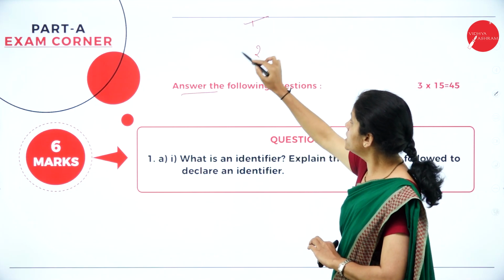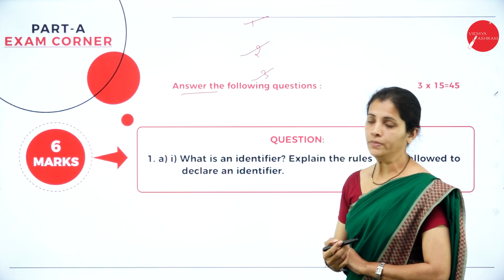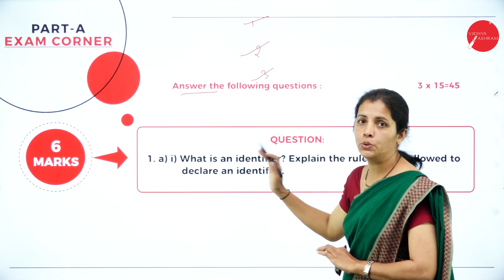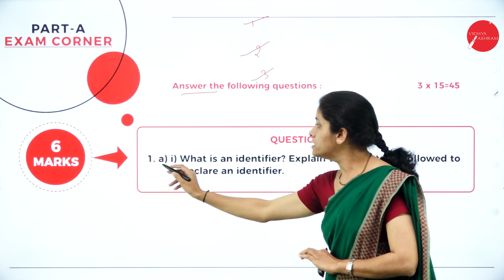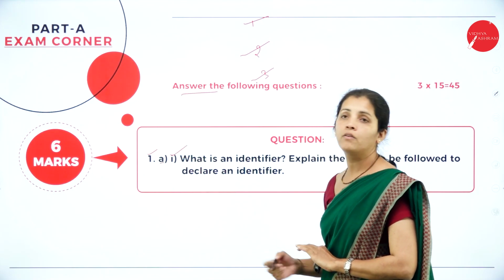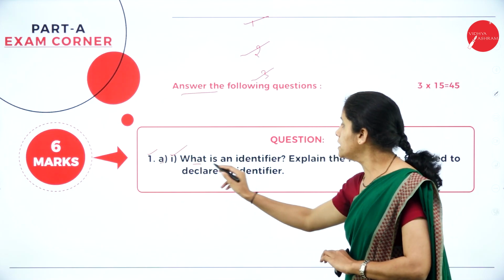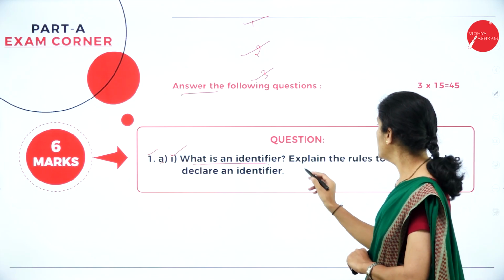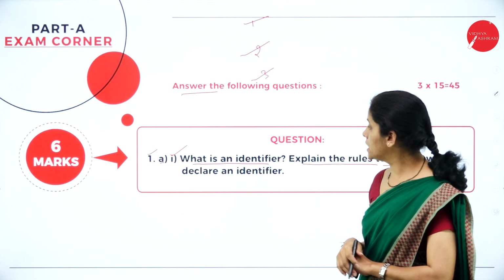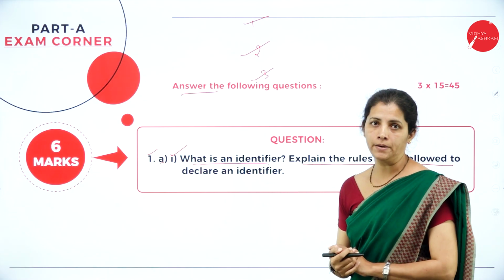So first unit, second unit, third unit. This question is from the first unit. Here, see, first question, A: What is an identifier? Explain the rules to be followed to declare an identifier.